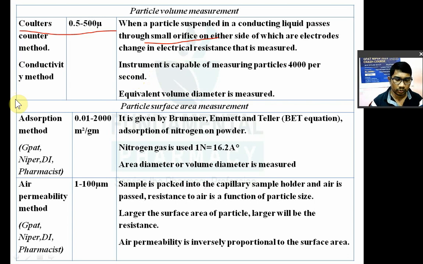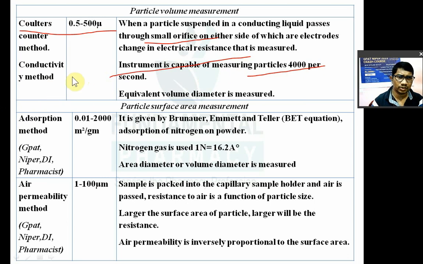Whatever resistance is there is measured as a voltage pulse, which is amplified and recorded, and corresponds to the particle size. This instrument is known as the Coulter counter method. This instrument is capable of measuring around 4000 particles per second.